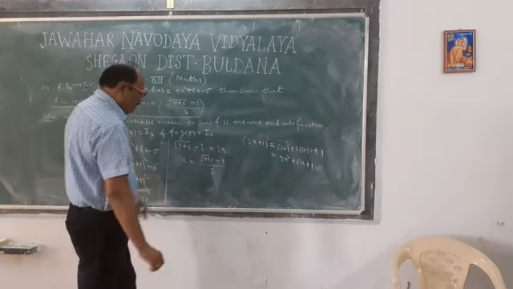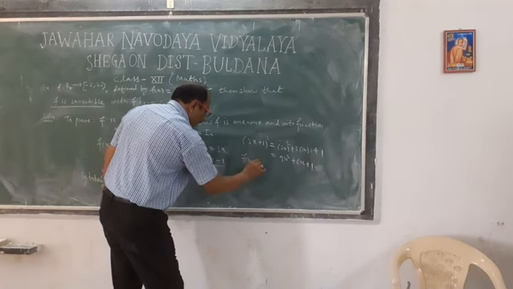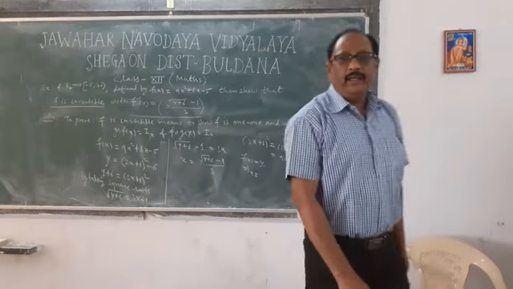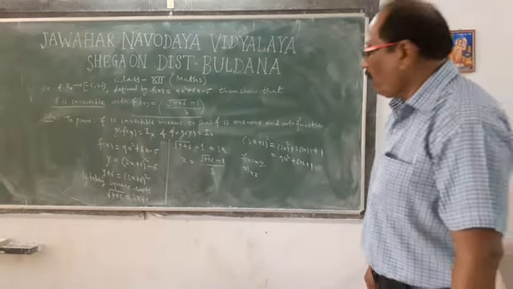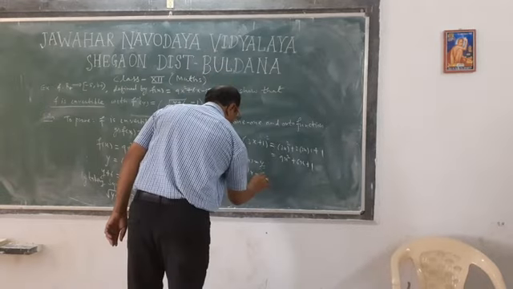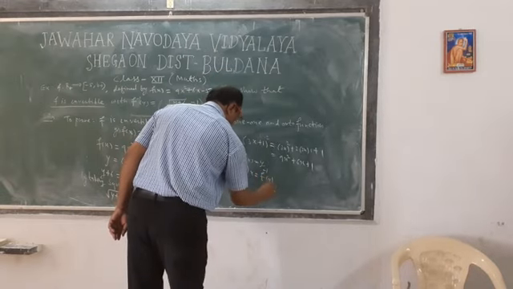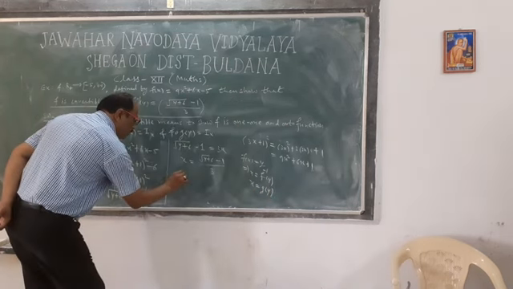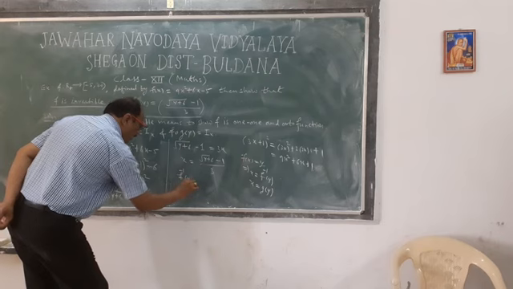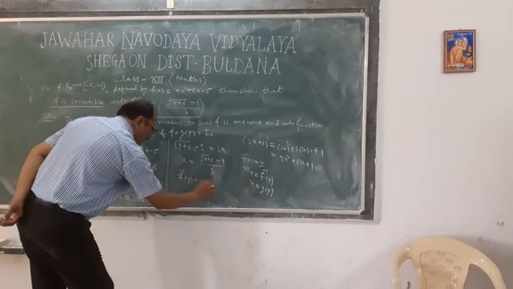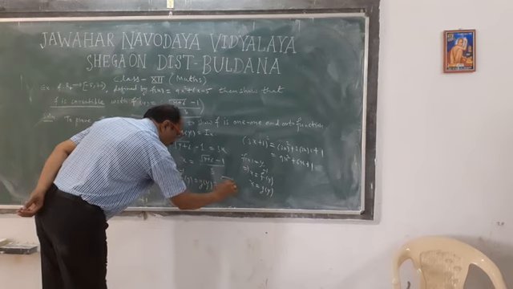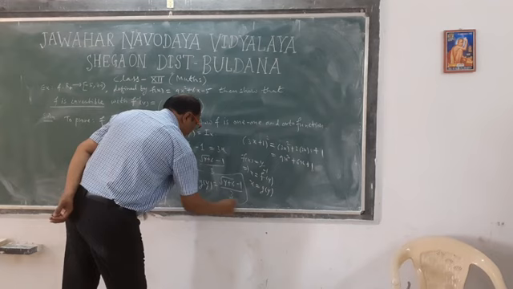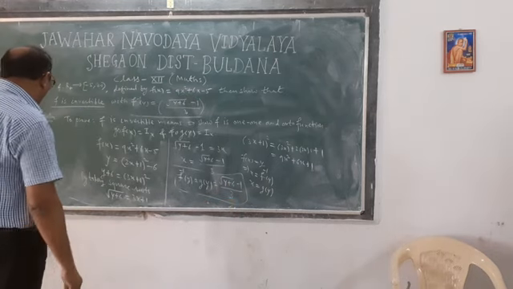What is x? f of x is equal to y implies x is equal to f inverse of y. That is, x is equal to g of y, means f inverse of y is equal to g of y is equal to square root of y plus 6 minus 1 upon 3.